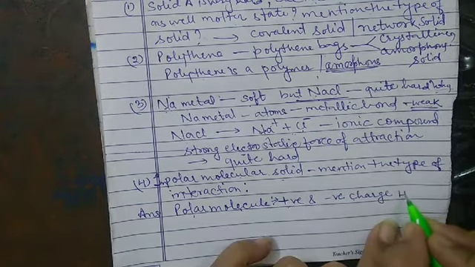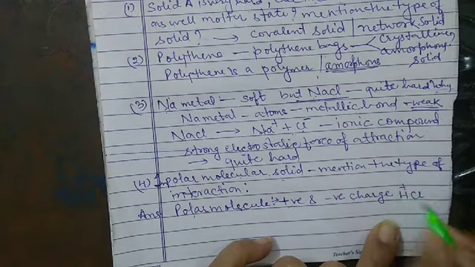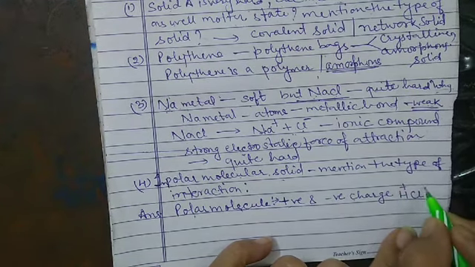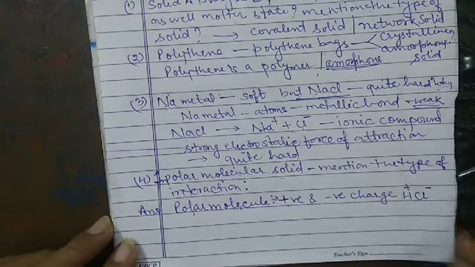For example, HCl. In case of the H, there is a positive charge, and in case of the Cl, there is a negative charge.